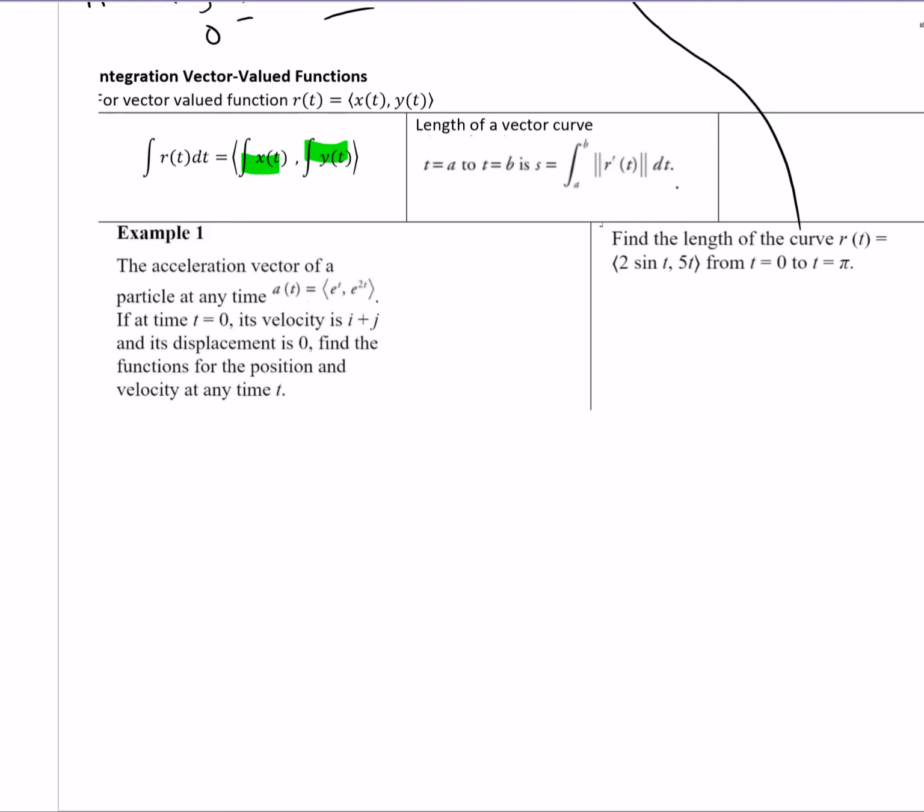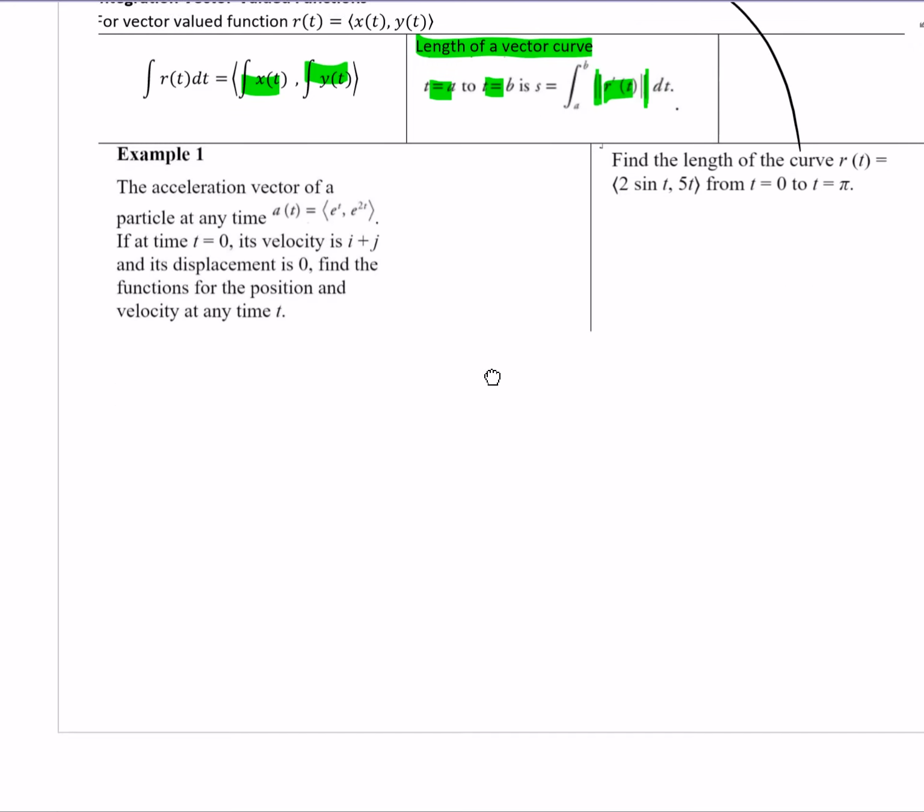If I want to know the length of a vector curve from A to B, then basically I have to integrate, remember this means magnitude of the derivative of the vector valued function.